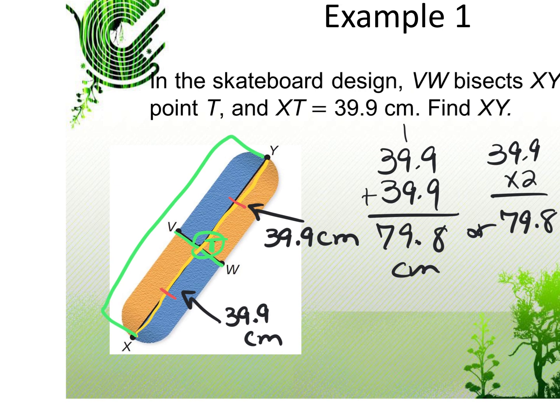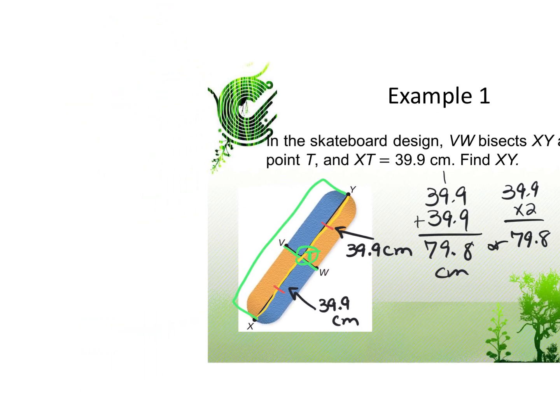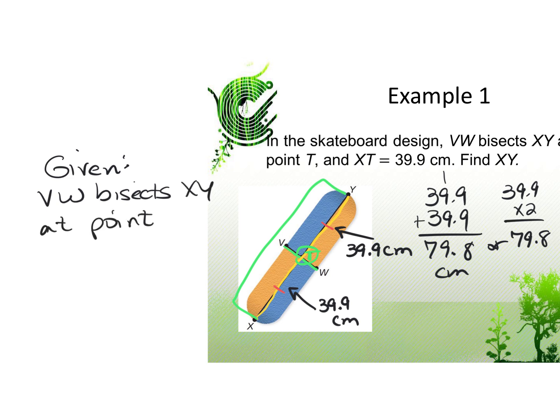the way that it might be presented is whenever you're asked to write a proof, you're going to be given a given statement. So in this case, what they gave me was that VW bisects XY at point T, and that XT equaled 39.9.